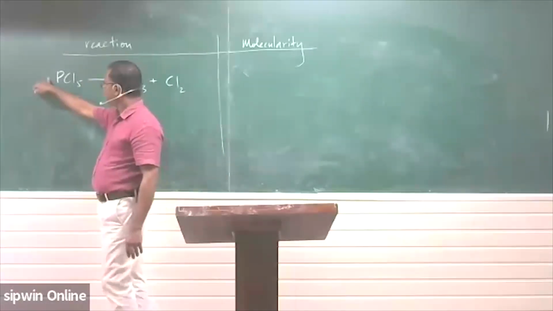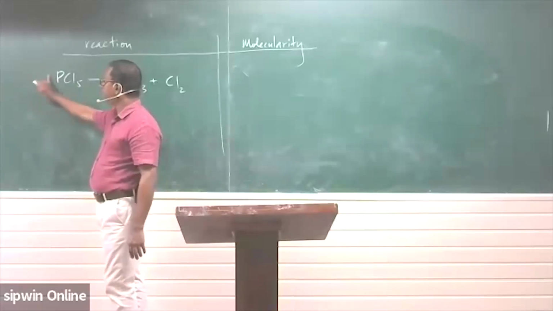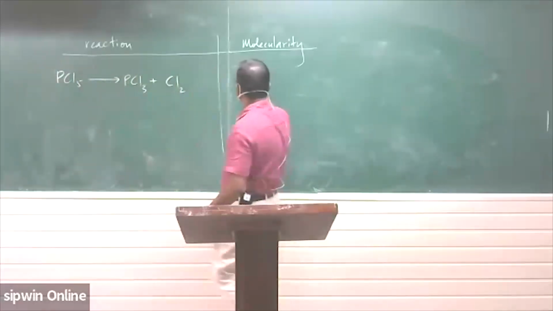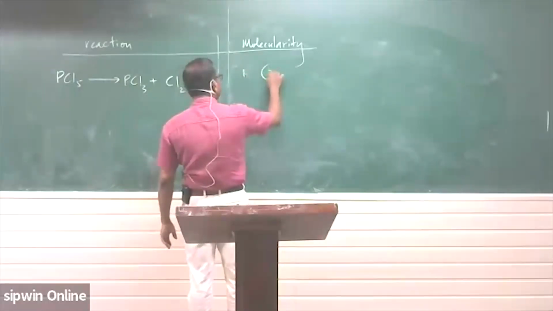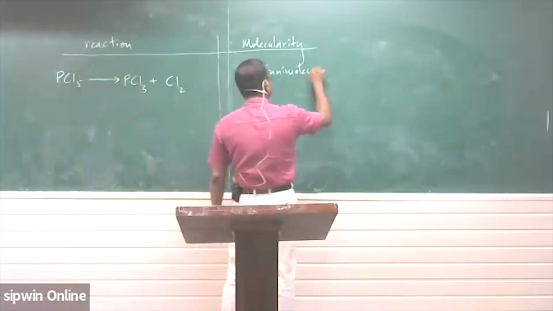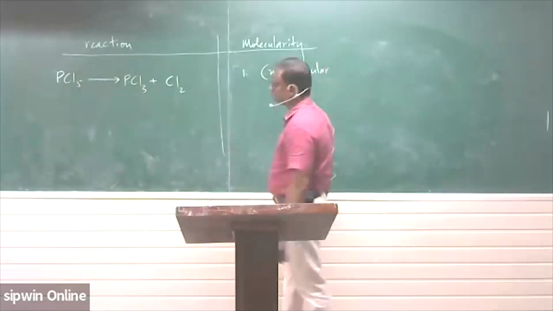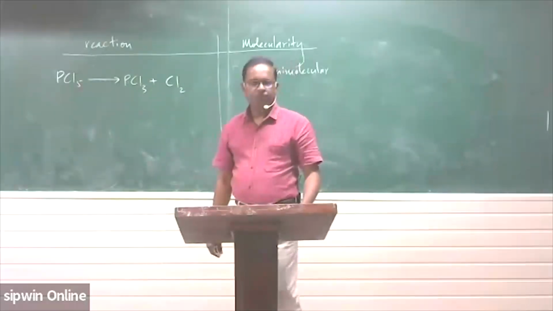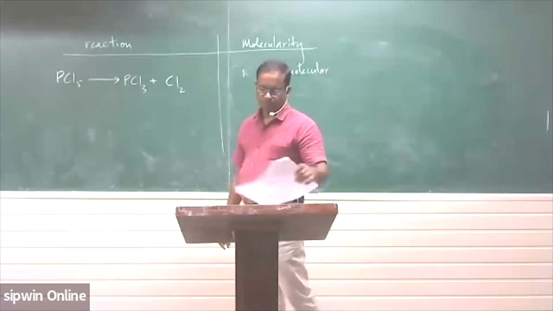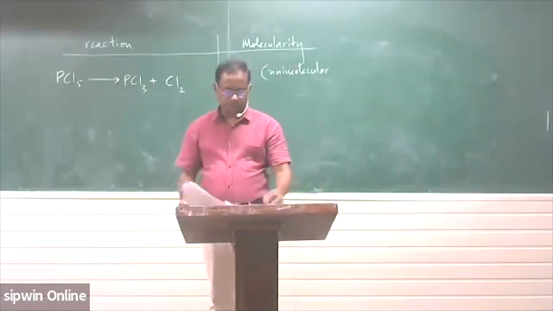So the stoichiometric coefficient directly gives the right molecularity. Molecularity 1. We call that a unimolecular reaction. Mark that one as unimolecular.